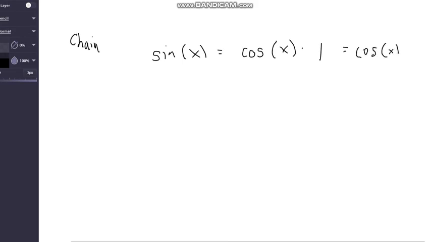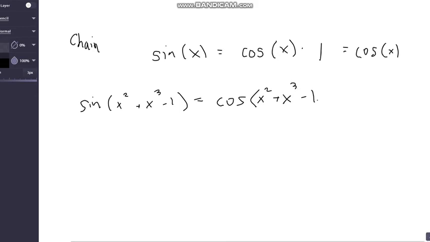So let's say you had sine of x squared plus x cubed minus 1. You would first do the outside portion, which is the sine. So that would be cosine x squared plus x cubed minus 1.